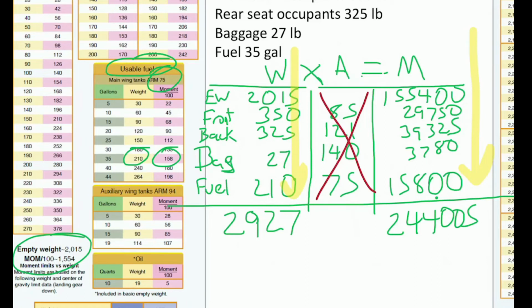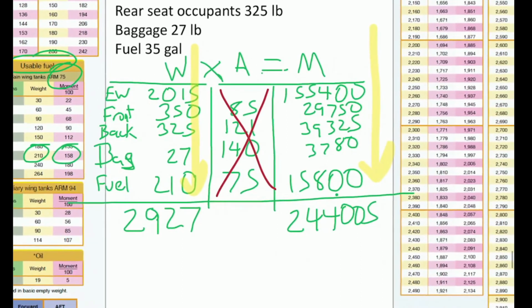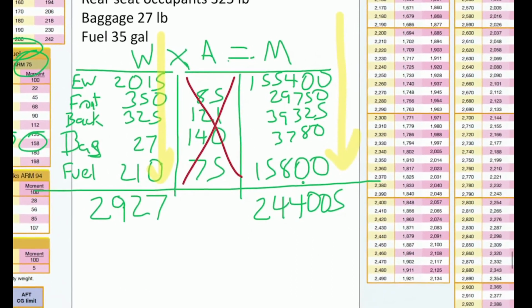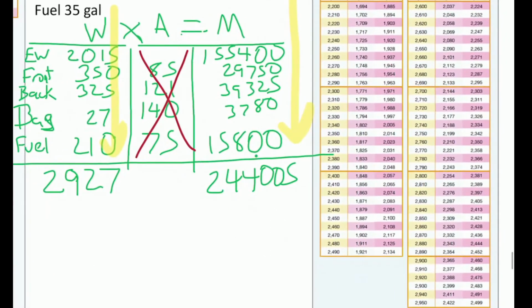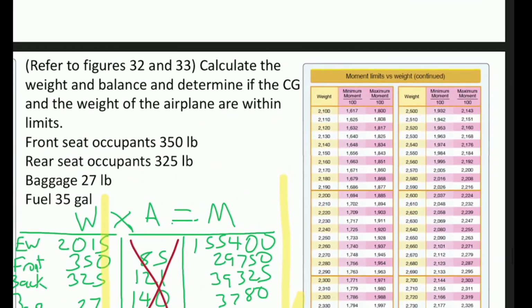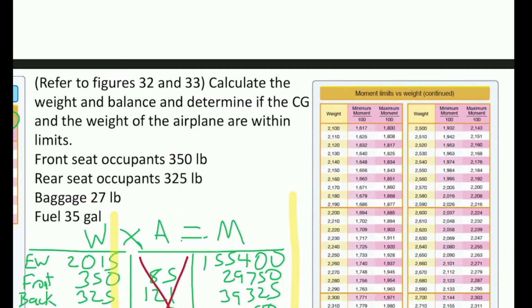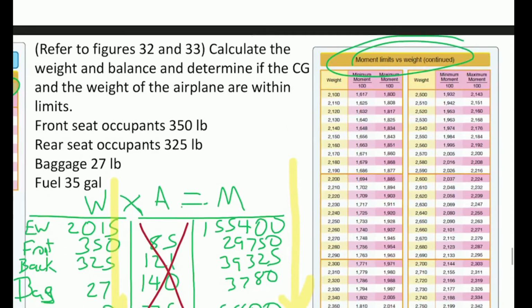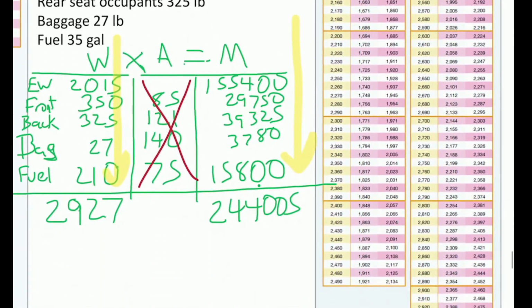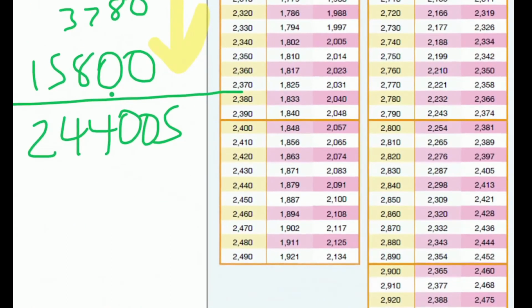Since we're using the table, what we'll do is go to the weight of 2927 and then see if the moment is within. All right, so moment limits versus weight limits. So we get the weight 2927, which is in between here.